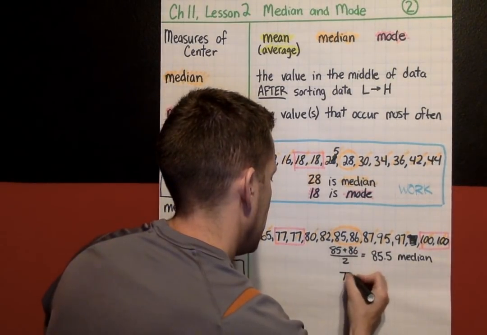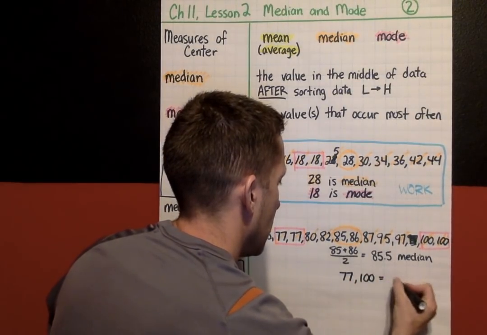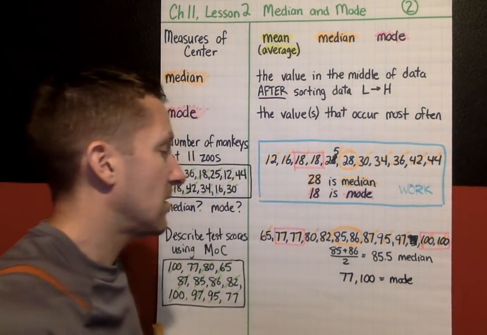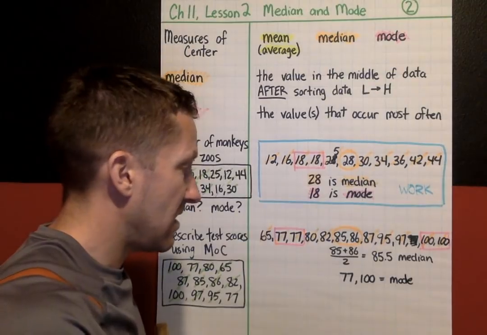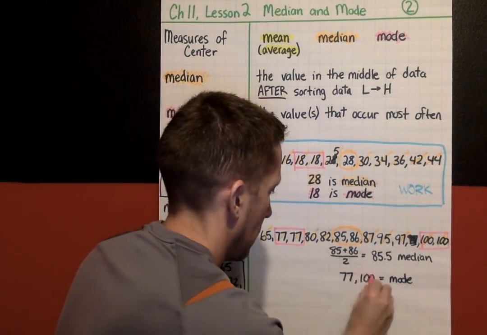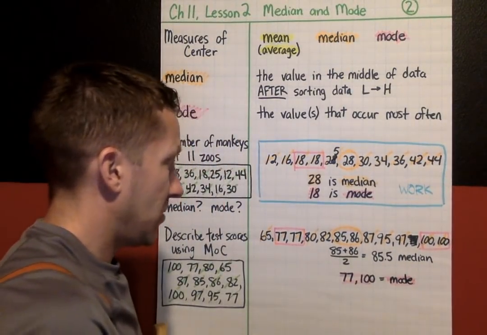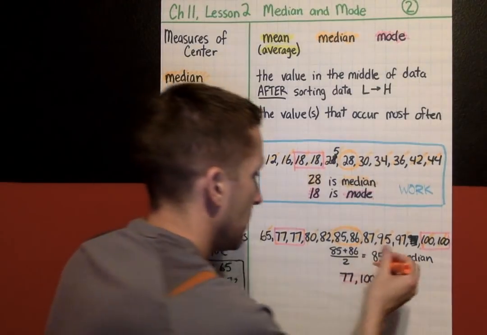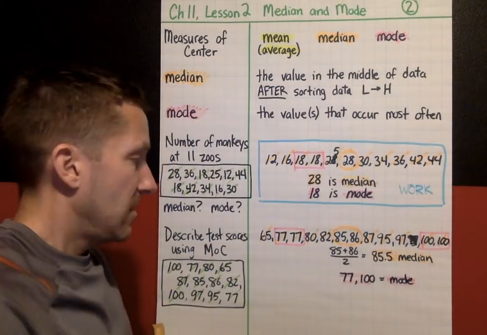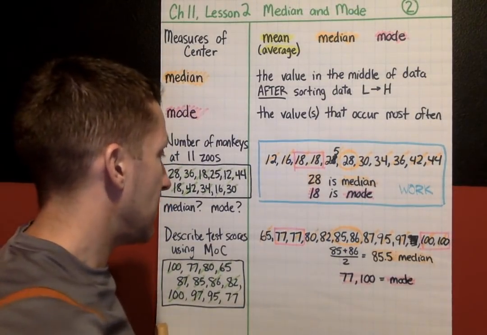So 77 and 100 are the modes. There's two modes, 77 and 100. That's showing the mode, and our median is 85.5. So the last measure of center we haven't done is the mean.